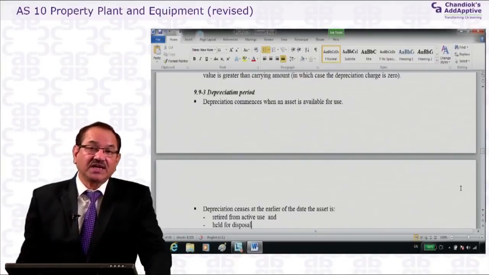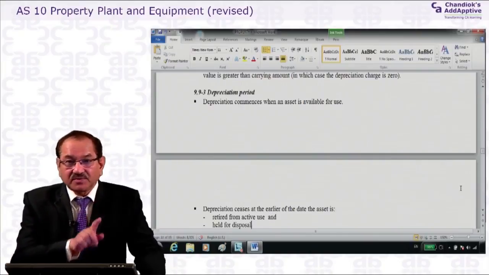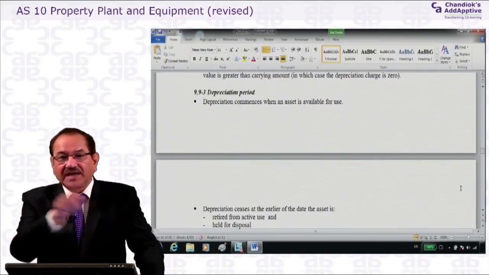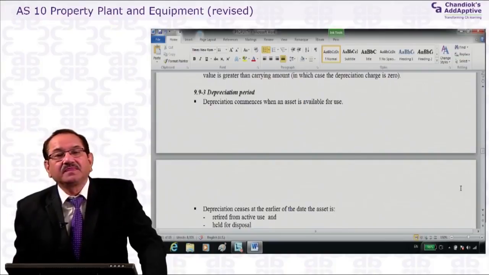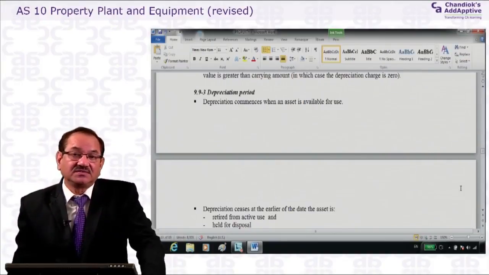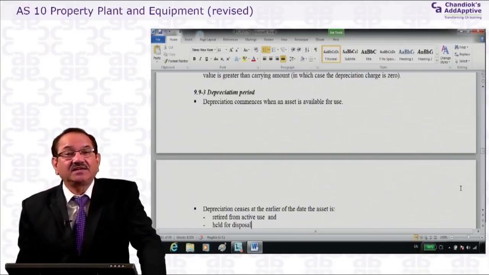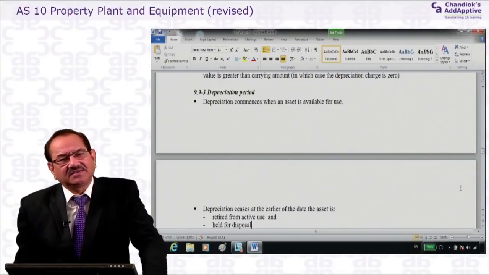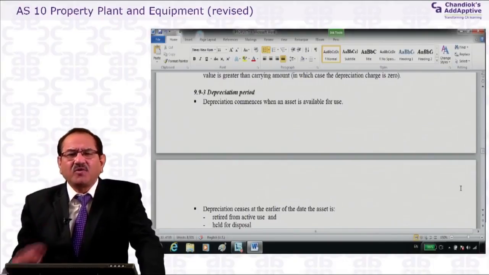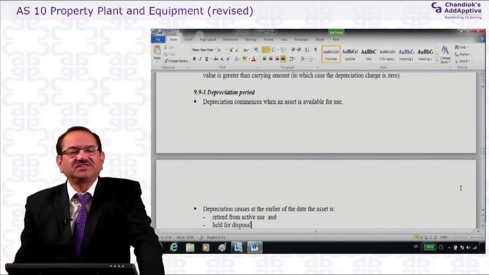Earlier, if you go to the earlier accounting standard 6, if you changed the method from WDV to straight line or vice versa, that was considered a change in accounting policy. But here in this standard, it says everything is an estimate and there is bound to be a difference in the estimate. So, how could it be a policy change?